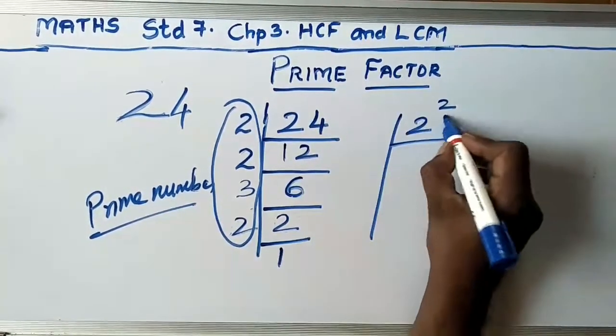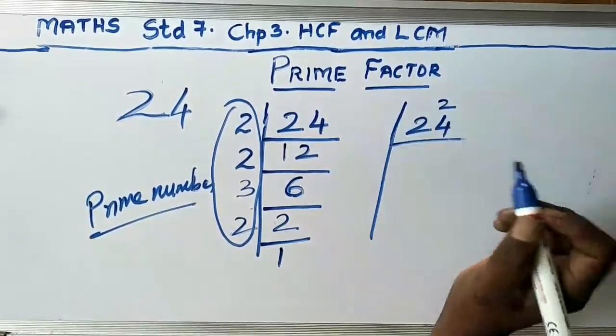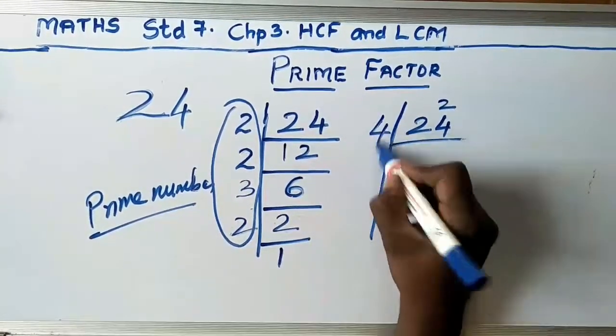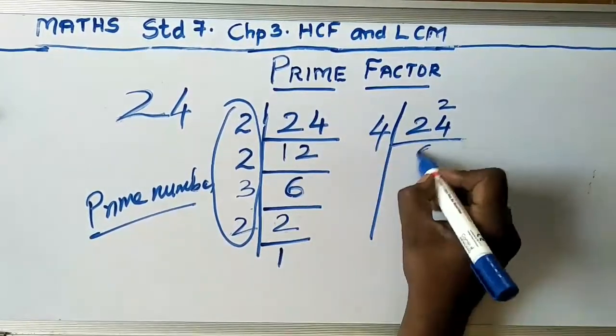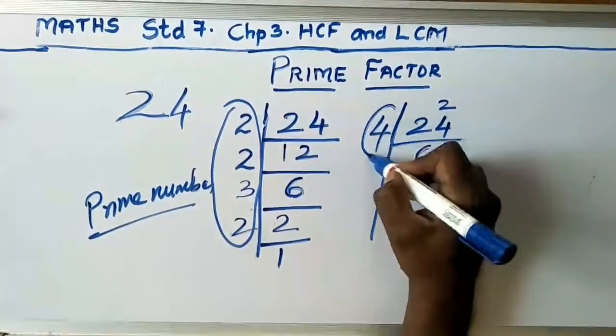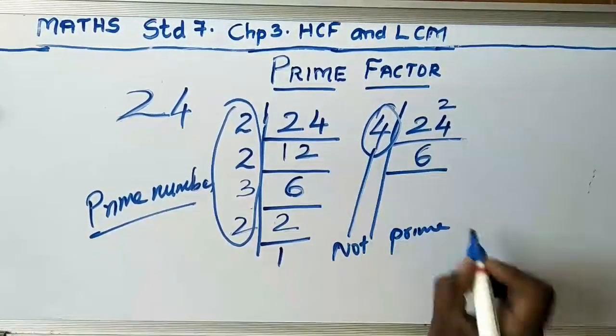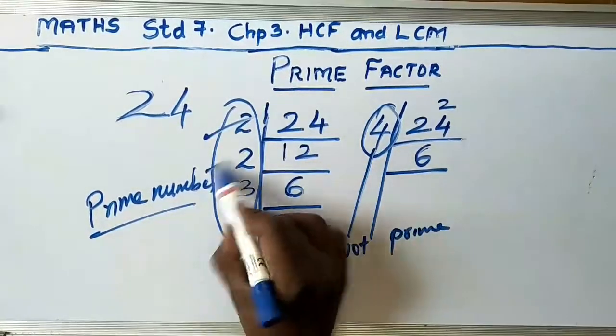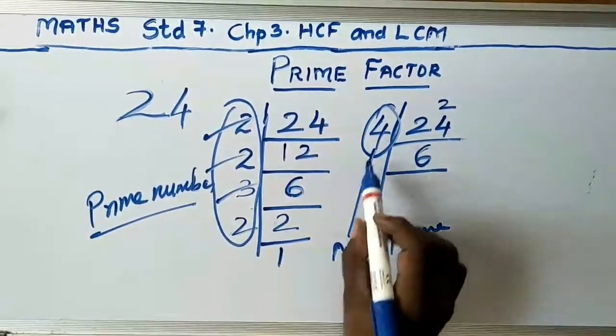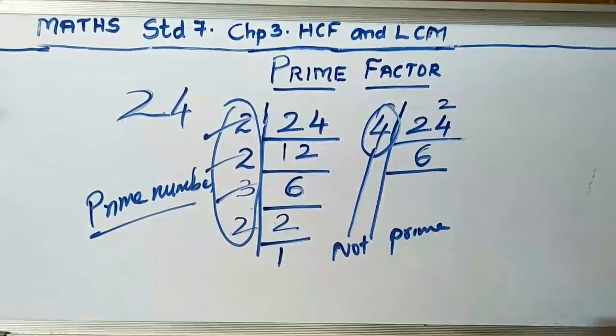One more confusion will arise in your mind. 24 also goes in 4 table. 4 sixes are 24. But 4 is not a prime number. You can see here 2 is a prime number, 3 is a prime number, but 4 is not a prime number.